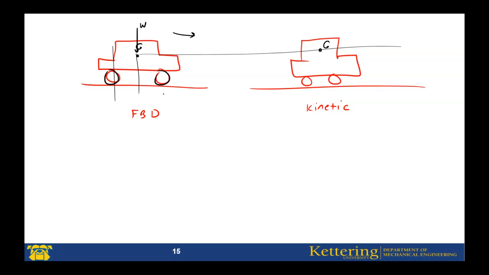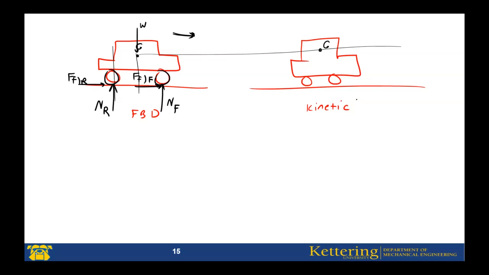Then, these are the normal forces: on the front, normal force, and on the rear. Also, if this one is moving, this is the frictional force of the rear. This is the frictional force of the front.